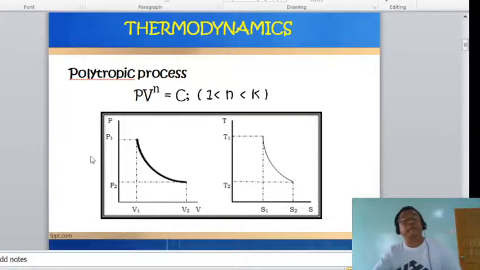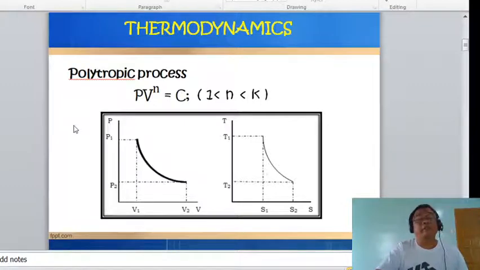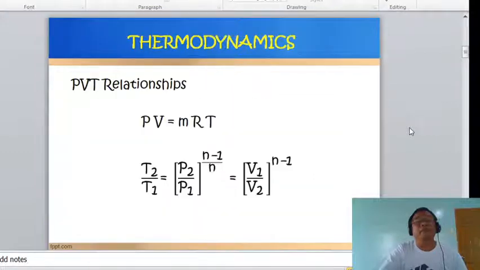But for the PV diagram, there is no such change. The equation for isentropic is PV raised to k equals constant. By this time, we replace it with PV raised to n equals constant, where 1 is less than n less than k.